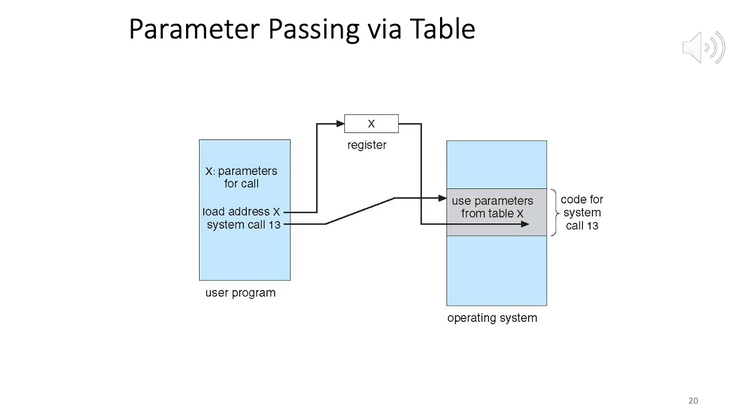That's one option. The other is to store the parameters in a table, pass the address of that table in a register, and then make it available to the OS for making the system call. That's system call number 13 based on that table, and based on that the appropriate system call is invoked.